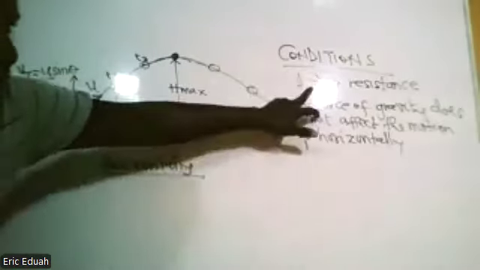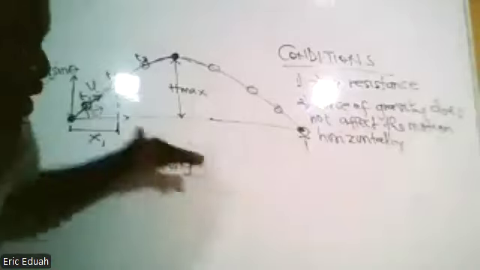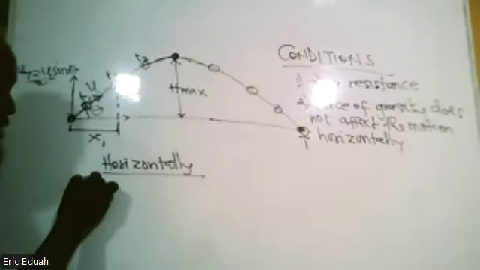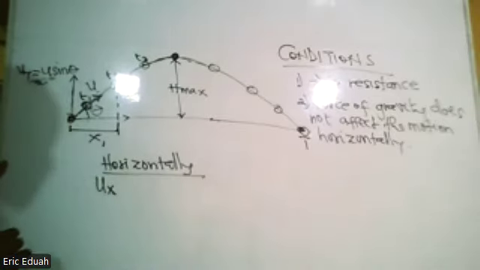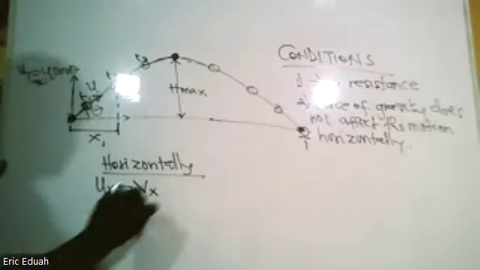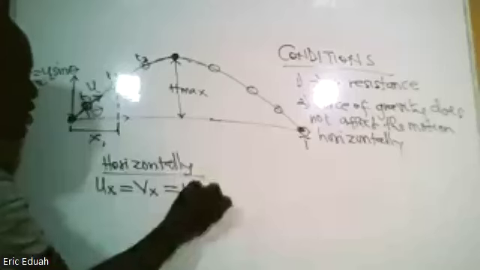Because air resistance is neglected and gravity doesn't affect motion horizontally, the initial horizontal velocity ux is equal to the final horizontal velocity, and this will all be equal to u cos theta.